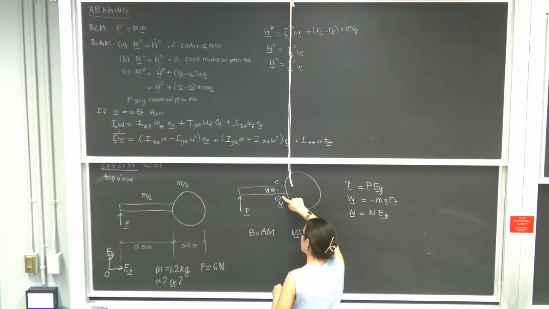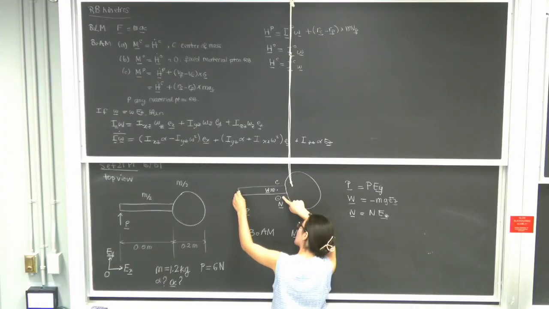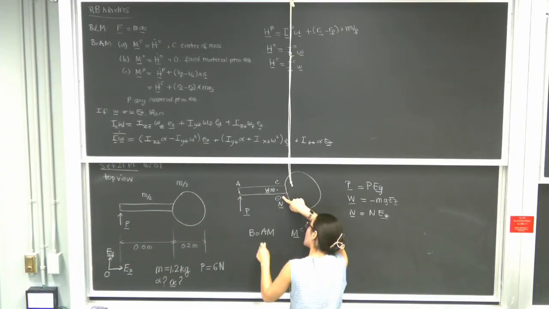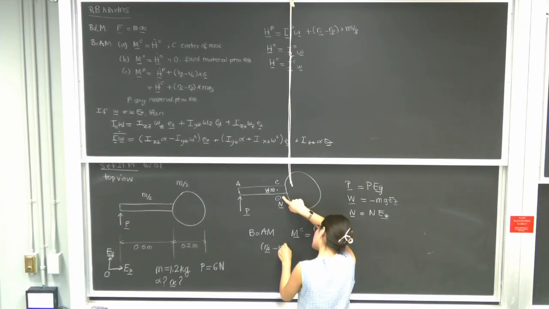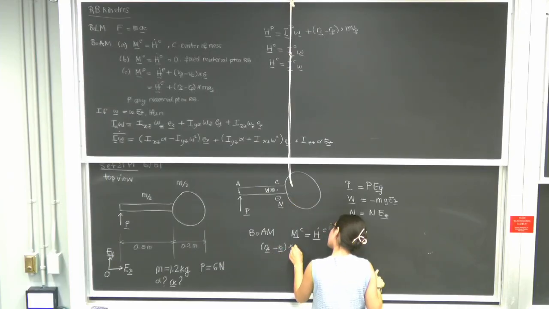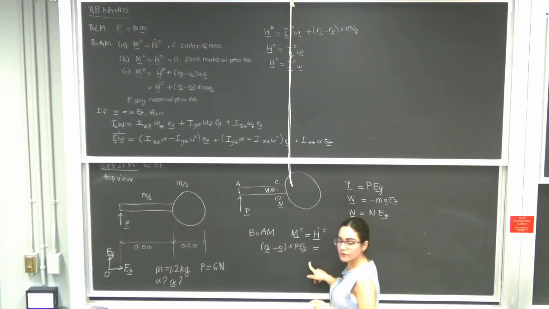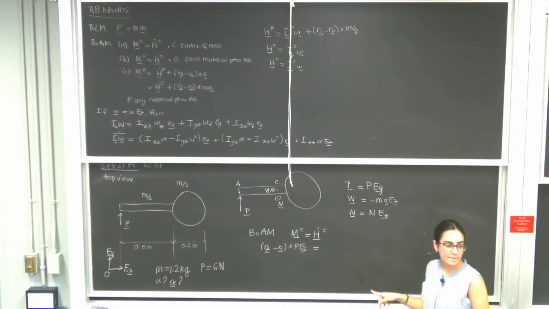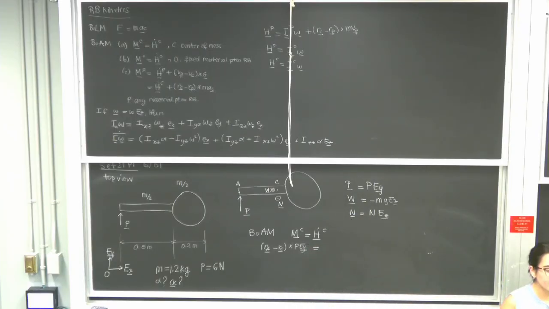So the expression of that is, let me call this point A, RA minus RC cross PEY. Is that correct for the moment of the force P? Raise your hand if you agree. Awesome. Any other moments, couples I need to put? Or that's it?